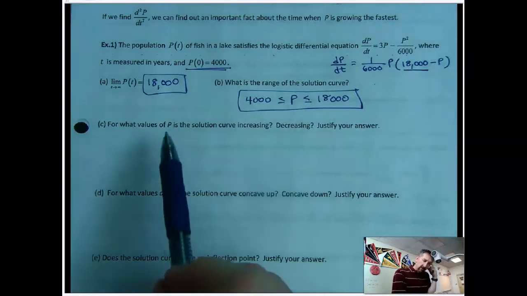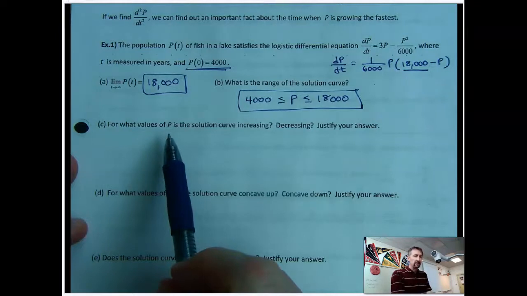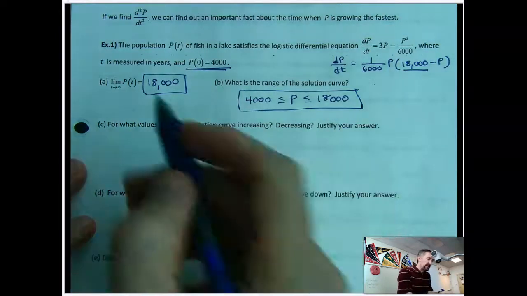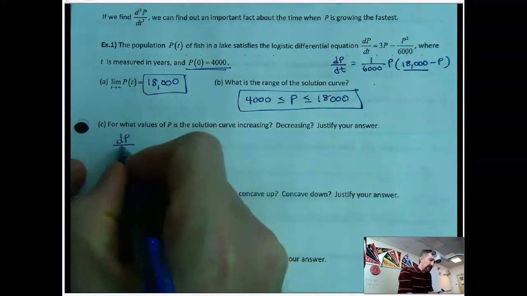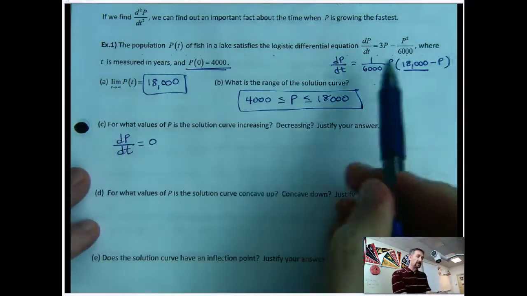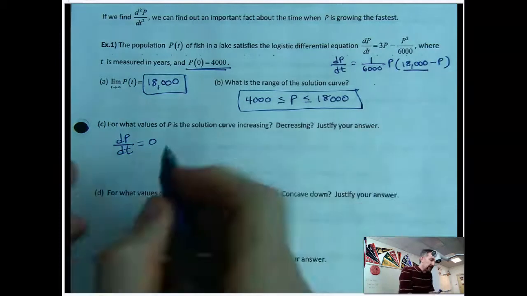Now, if you think about it, if we want to know where something is increasing, we look at where its derivative is positive. So that is the derivative right there. And if we set that equal to 0, so I don't want to write that out again, I'm just going to put dp dt equals 0. And so that would be when p equals 0 or when p equals 18,000.